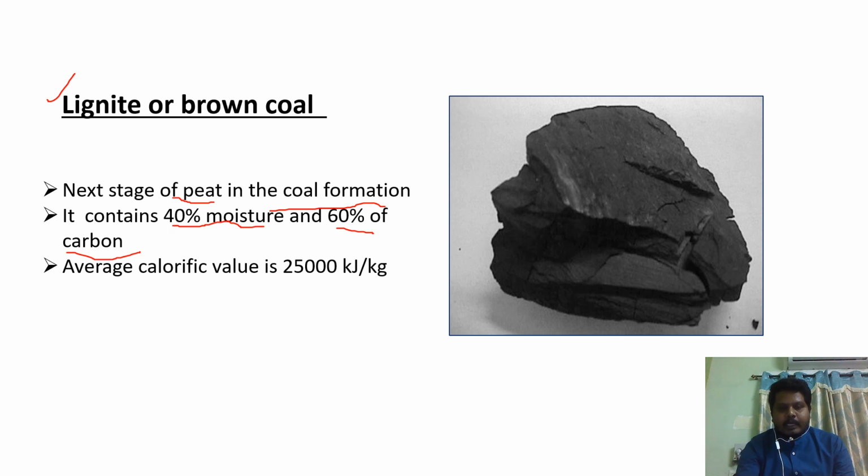So if the carbon content is more, it can release more energy. Particularly in lignite or brown coal, the carbon content is 60%. Calorific value is 25,000 kilojoule per kg. Here we can see brown coal in this figure.